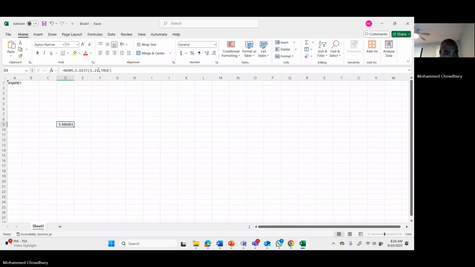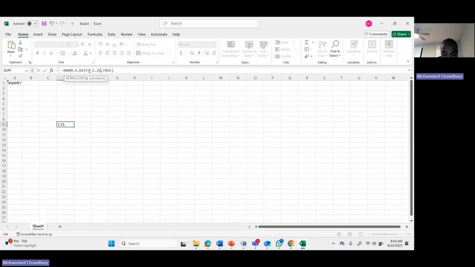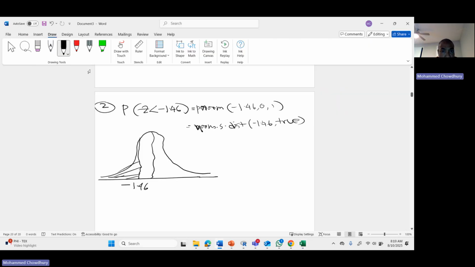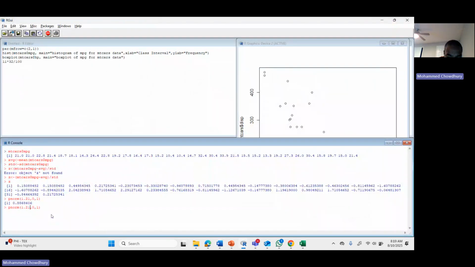Norm.s.dist negative 1.46 true. If you put it in there and hit enter, you will get 0.07. And if you use R, then you have to write pnorm negative 1.46.